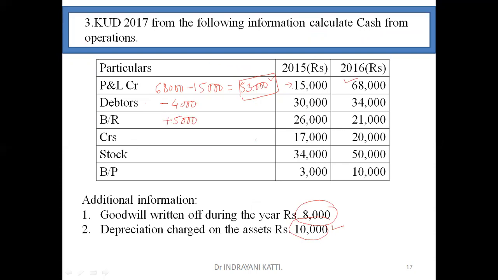And creditors increased by 3,000. Increase in the current liability is added. Decrease in the current asset is added. So look at the statement, take the difference and write the answers.